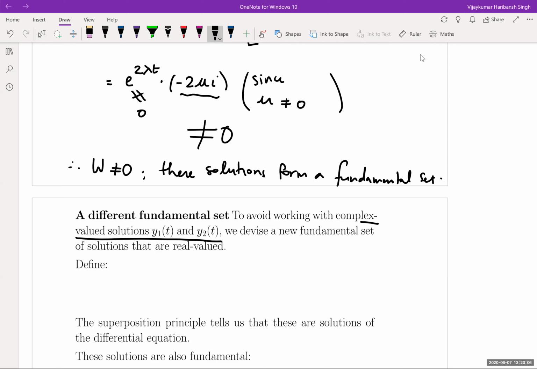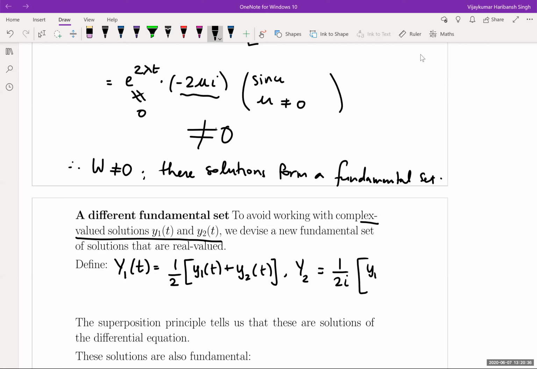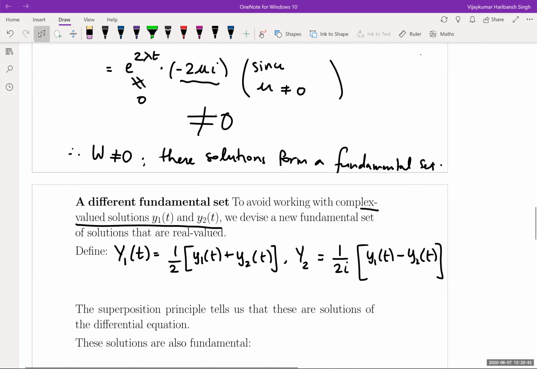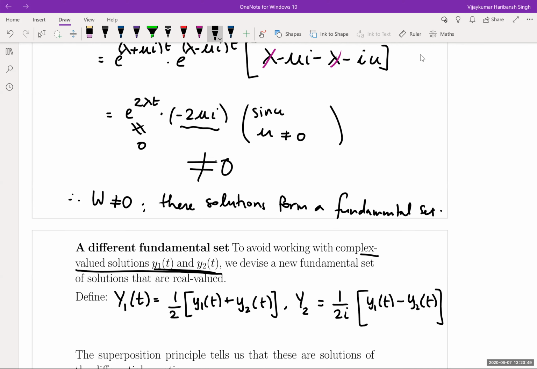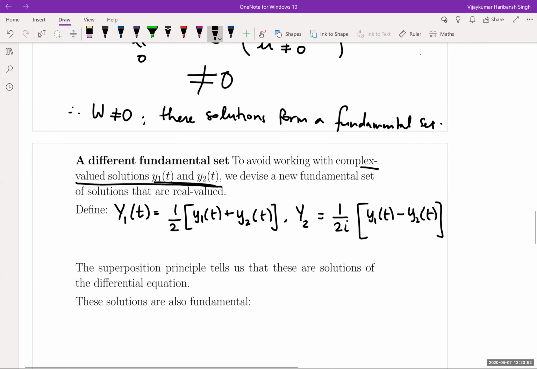Note that if you take linear combinations of y1 and y2, let's take a new solution, capital Y1 equals half of y1 of t plus y2 of t, and capital Y2 equals 1 by 2i times y1 of t minus y2 of t. The superposition principle tells us that any linear combination of y1 and y2 is also going to be a solution. So we got these as solutions as well.